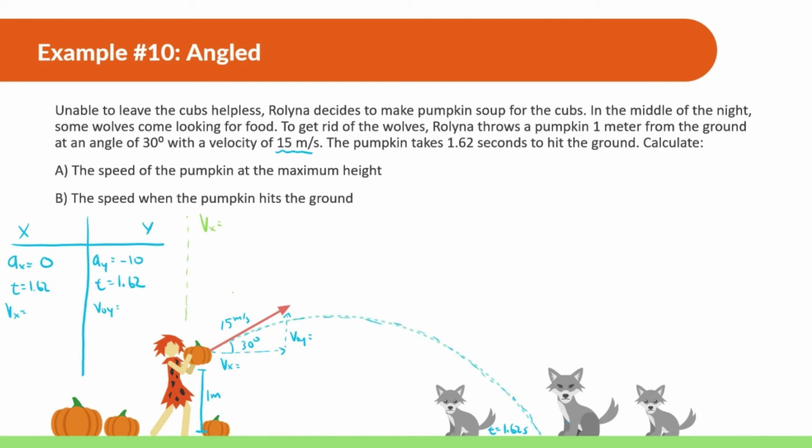This is going to be equal to the hypotenuse, 15, times cosine of 30. So this will give me 12.99 meters per second. And I'll put that right here, 12.99. And the initial velocity in the y is going to be 15, the hypotenuse, times sine of 30. And I know sine of 30 is 0.5, so this is going to be 7.5 meters per second.